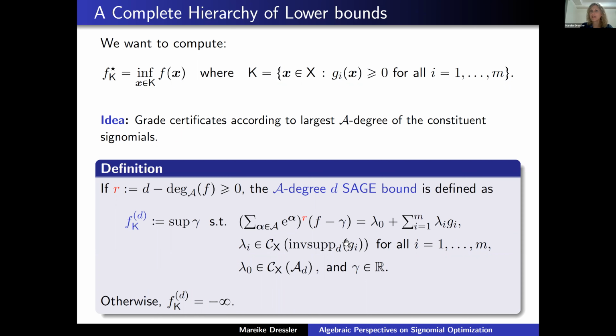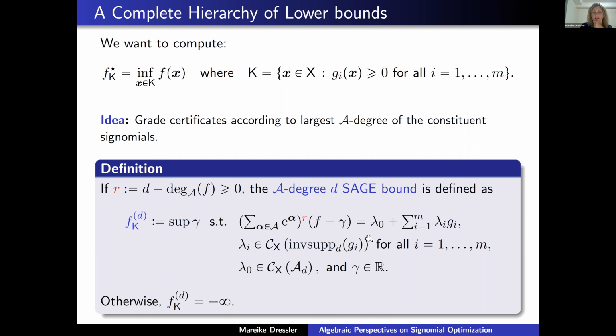And now we make sure that the A degrees are as we want them to be, namely maximally D. So our SAGE term is then in this cone here, where AD means that these are sums of at most D base functions.